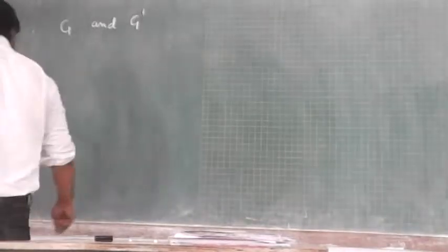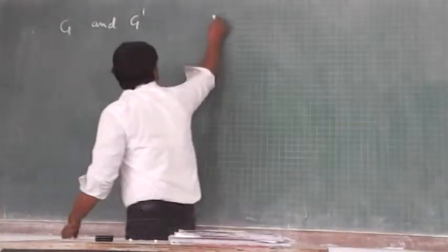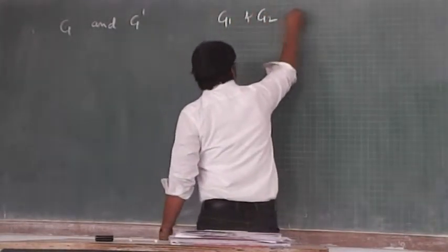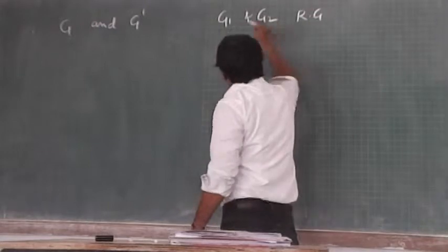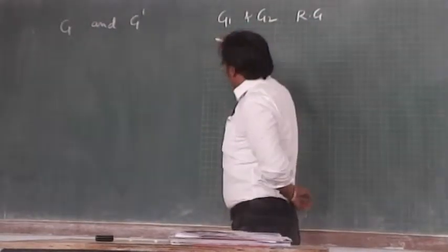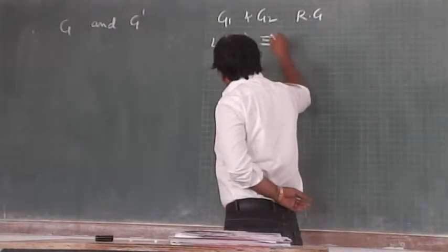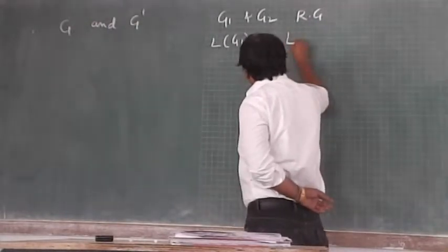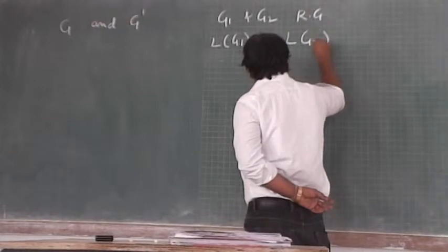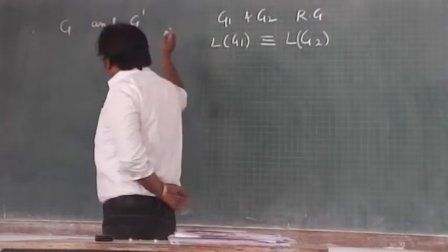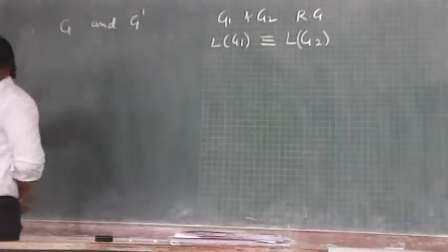If both grammars generate the same language, if suppose G1 and G2 are regular grammars, these two will be equivalent if the language generated by G1 is equivalent to the language generated by G2. This is for regular grammar. Here we are considering context-free grammar.